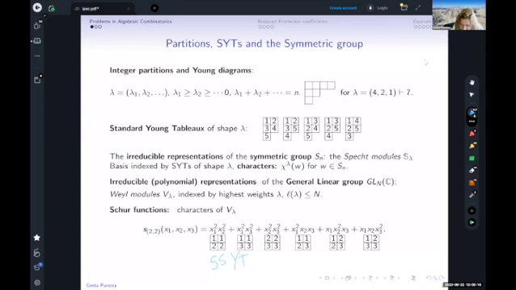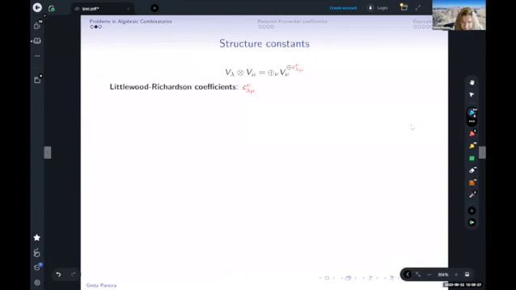Okay, so where do we go from here? In some sense, we do understand the irreducible representations. So the next thing we can do is take tensor products. Here is something you're probably all very familiar with, Littlewood-Richardson coefficients, which are the multiplicities of irreducible GL_N representations when you take the tensor product of two others.